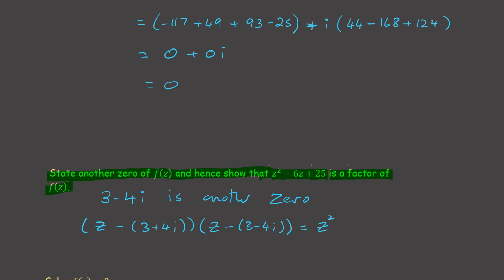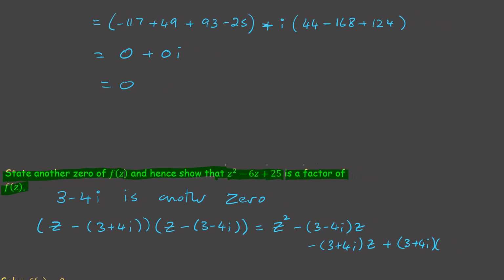So expanding, we get z squared take away 3 minus 4i z take away 3 plus 4i z plus 3 plus 4i times 3 minus 4i.